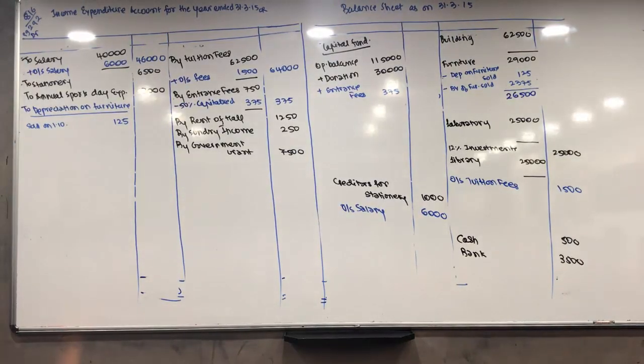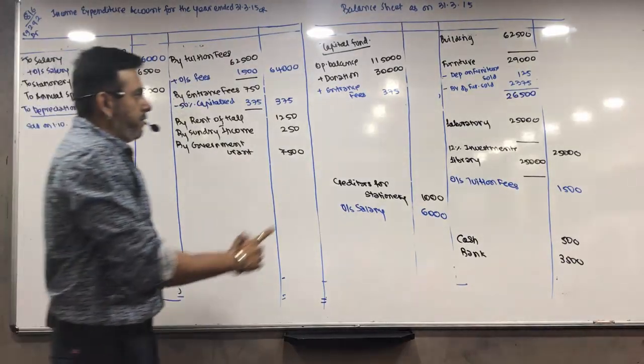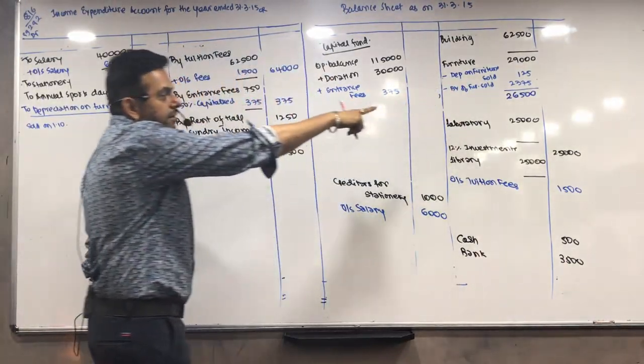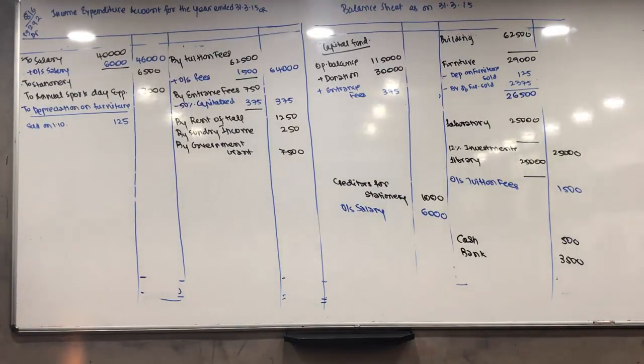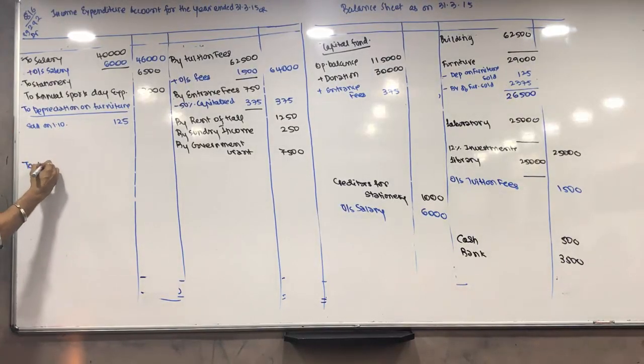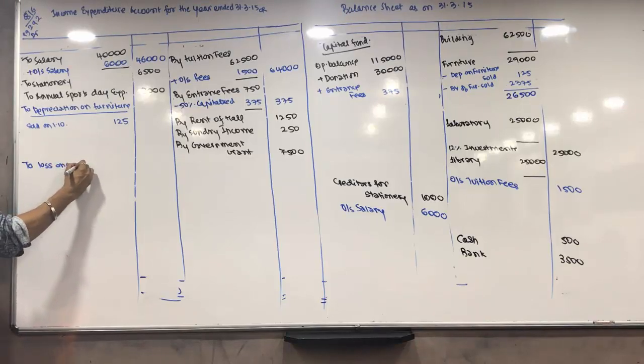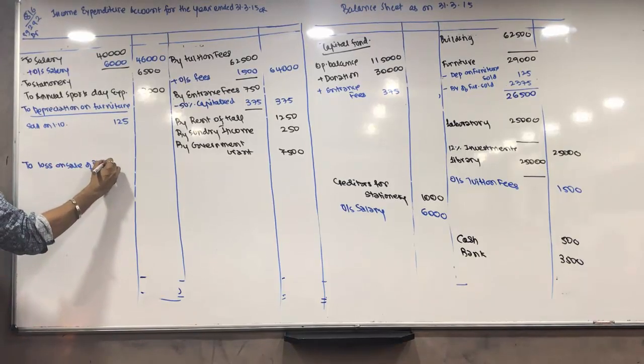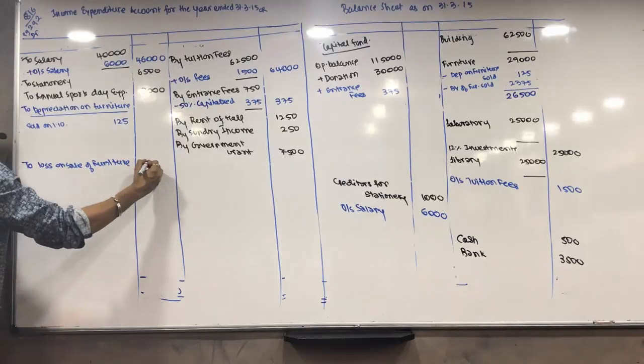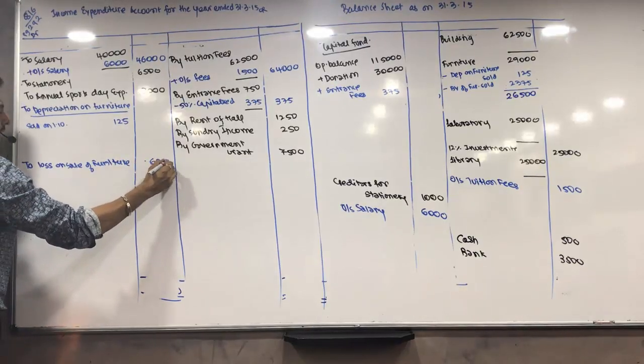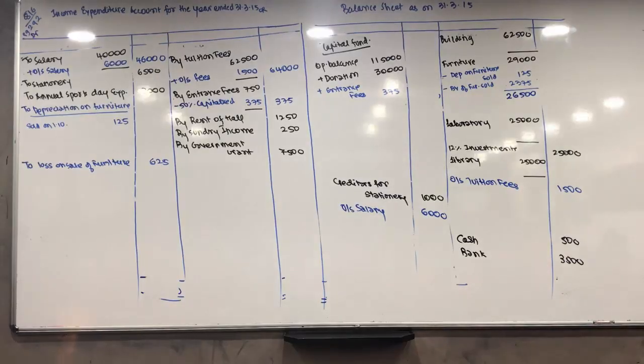Then 2375 was the book value. We sold for 1750. So there is a loss. So leave one line blank, to loss on sale of furniture 625. Got it? Now, let's calculate depreciation.